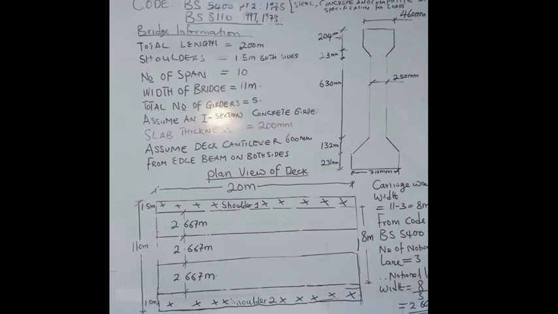Now, the next thing we are going to do is go into the loading of this deck. During the loading, I'm going to do a demonstration of the application of the load according to BS 5400 Part 2, and also according to BD 37/01.